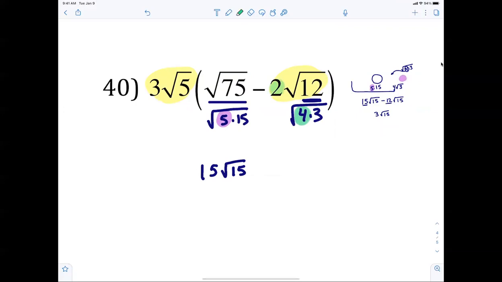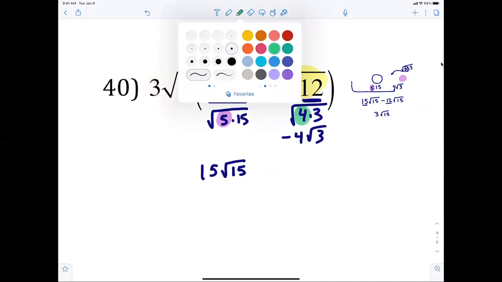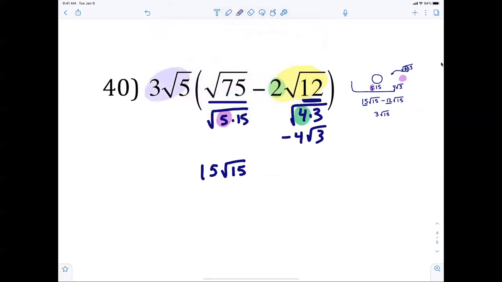And then there's a 2 out here. So the first thing I did was I looked at that and said, well, that's just negative 4 radical 3. Now I'm multiplying the 3 radical 5 times the negative 4 radical 3. And that's how I got negative 12 radical 15. And then 15 minus 12, 3 radical 15.